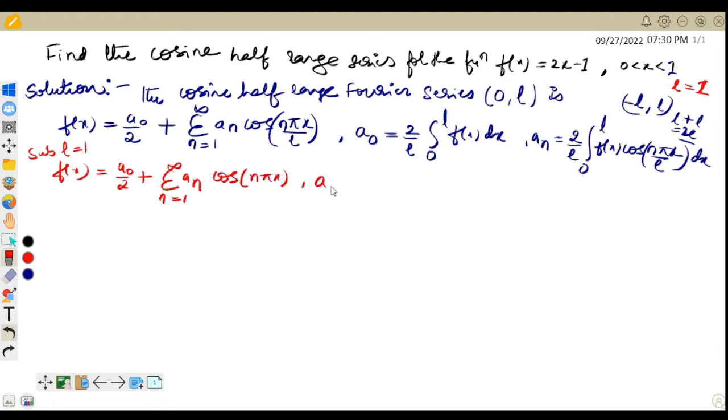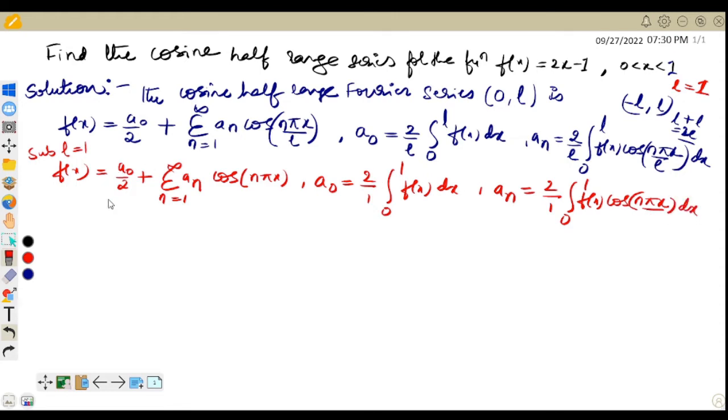Correspondingly, a naught becomes 2 by 1, integral from 0 to 1 of f of x dx, and a n is 2 by 1, integral from 0 to 1 of f of x into cos n pi x dx.